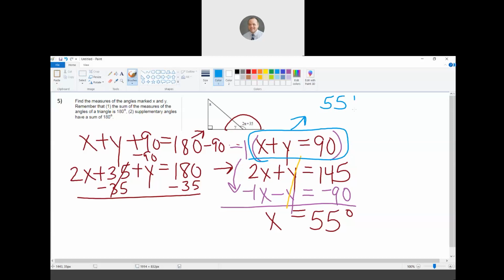And in place of x, plug in 55. And you can either subtract 55 from both sides or do the addition mentally. However you figure it out, the second angle measurement is 35 degrees.